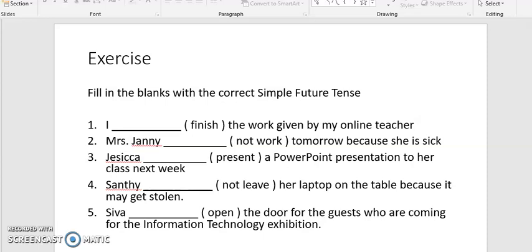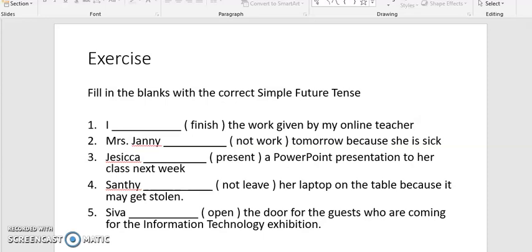Number 1. I finish the work given by my online teacher. So, can you guess what the tense is? Is it the positive or negative form?